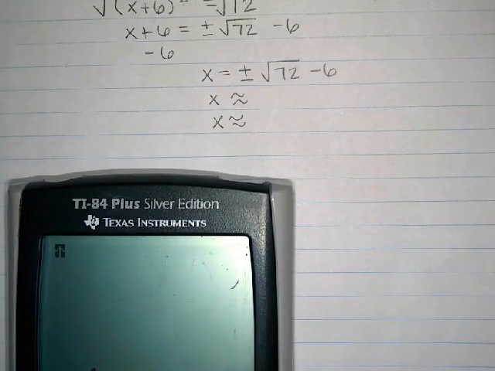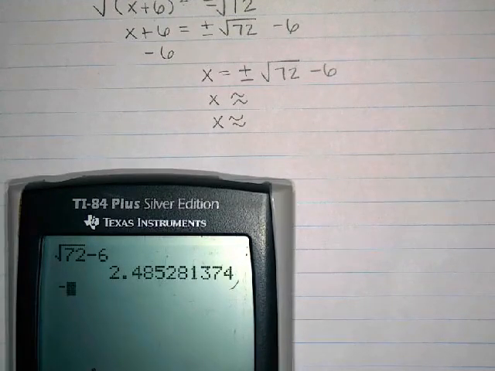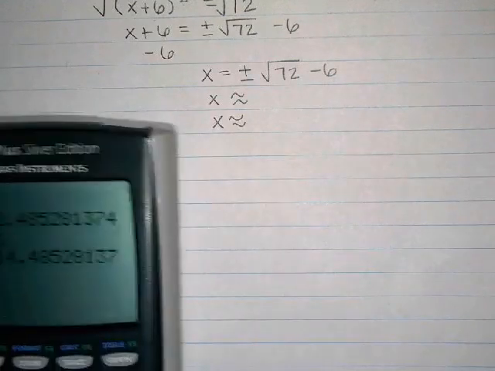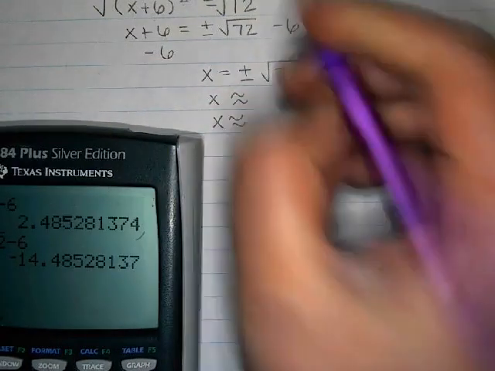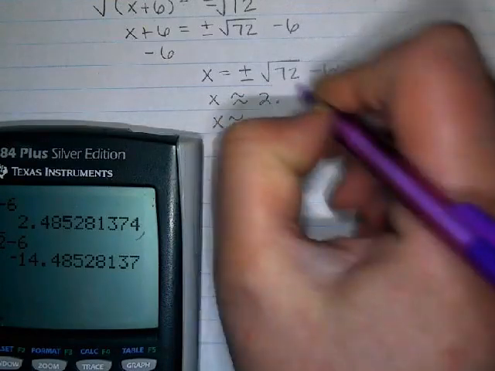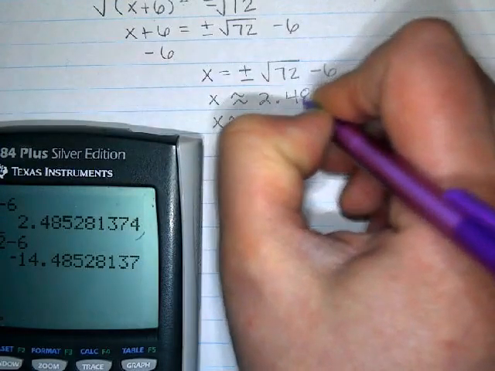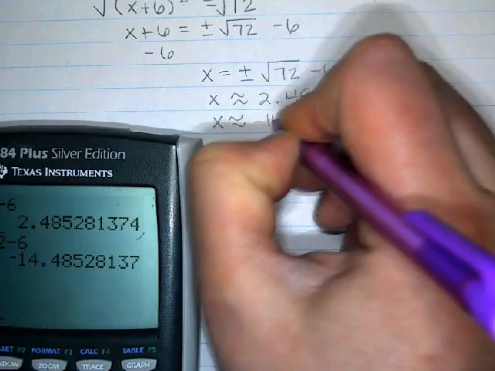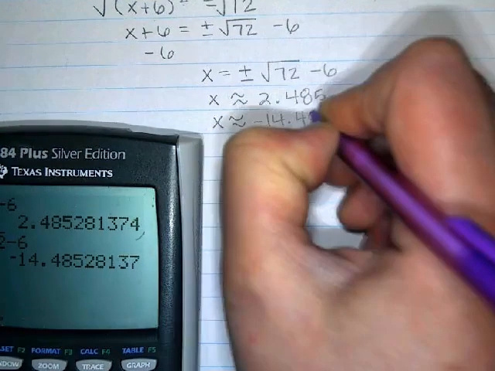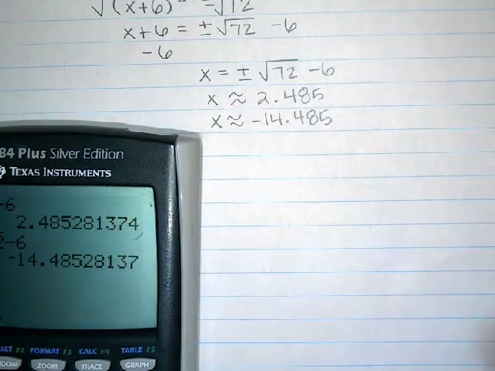So positive root 72 minus 6, negative root 72 minus 6. And then those would be my approximate solutions. So 2.485, negative 14.485. Okay.